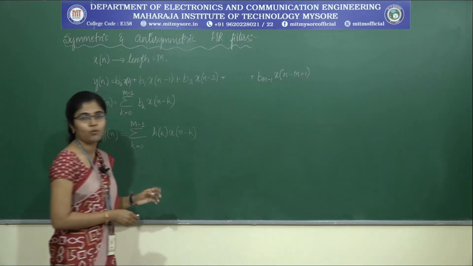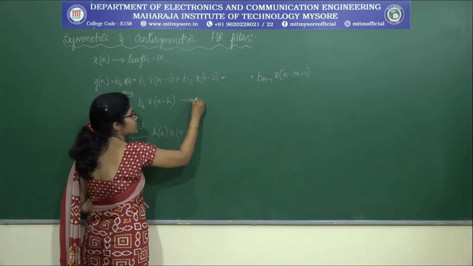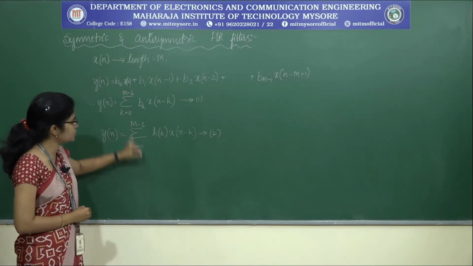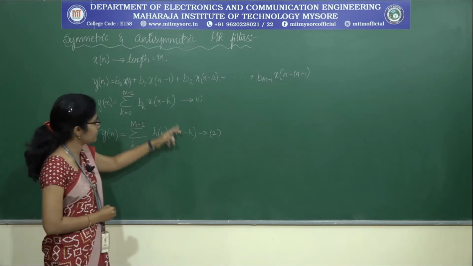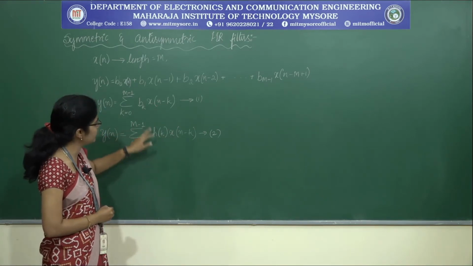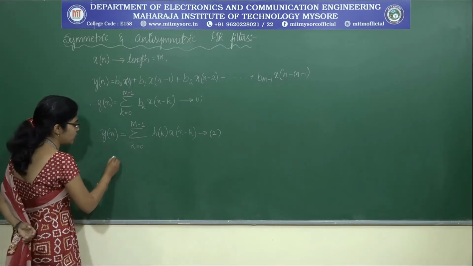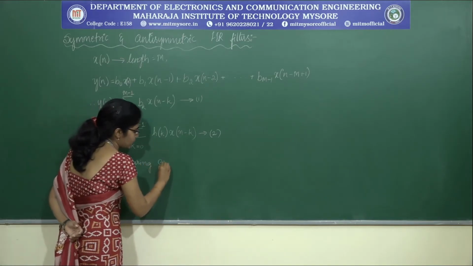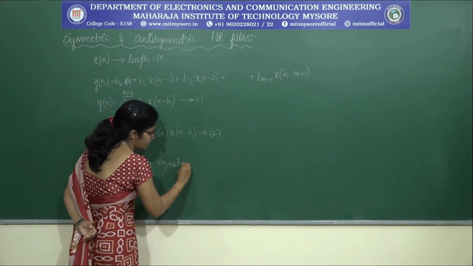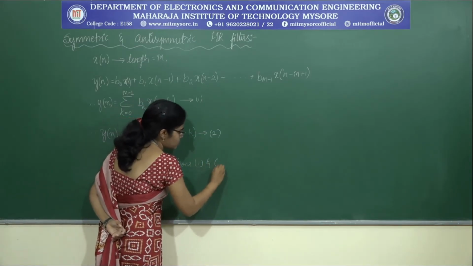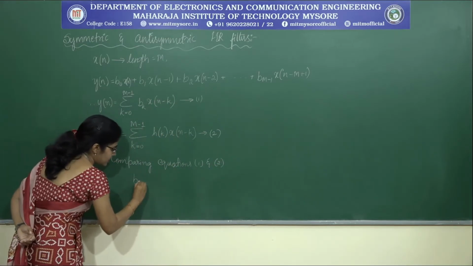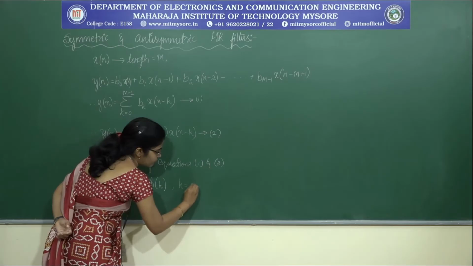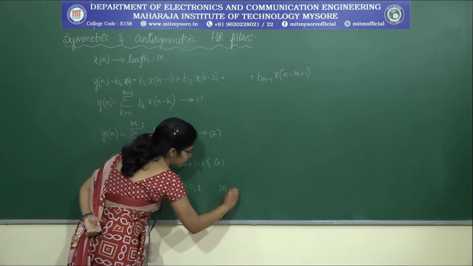Let me term this as equation 1, and let this be equation 2. Looking into equations 1 and 2, the summation limits are the same, x of n minus k is similar, but what is varying? bk is replaced with h of k. So by comparing equations 1 and 2, bk will be equal to h of k for k ranging from 0 to m minus 1.